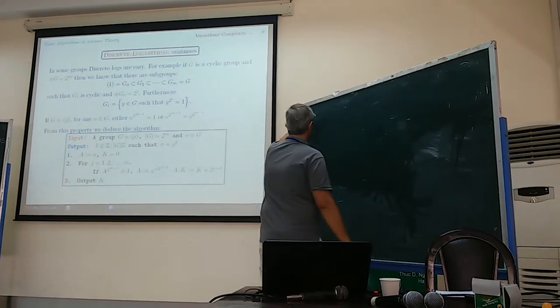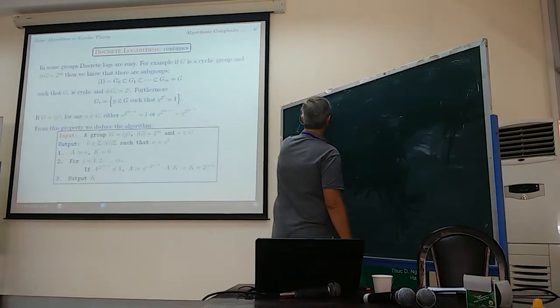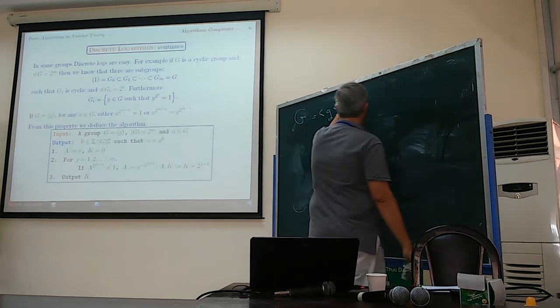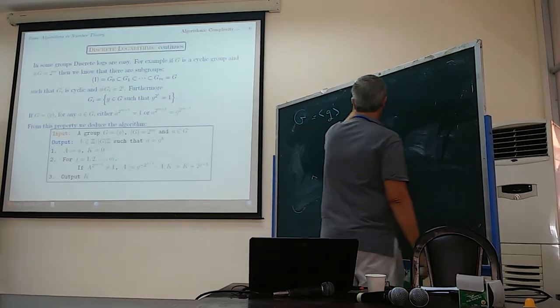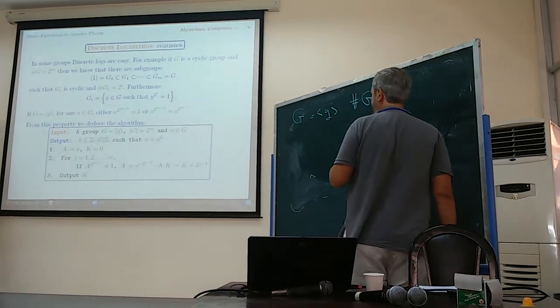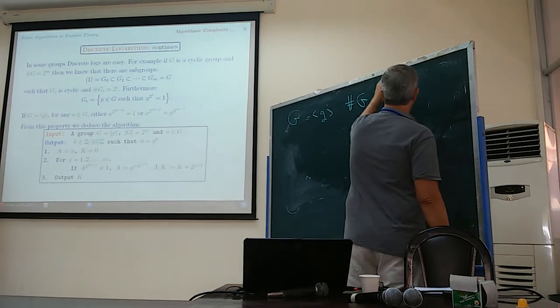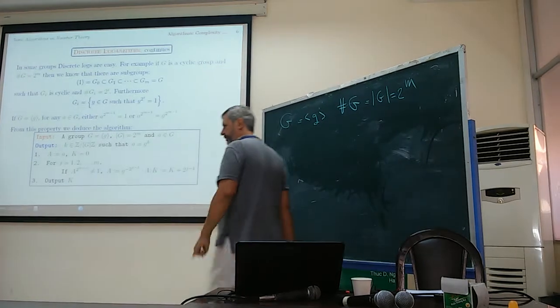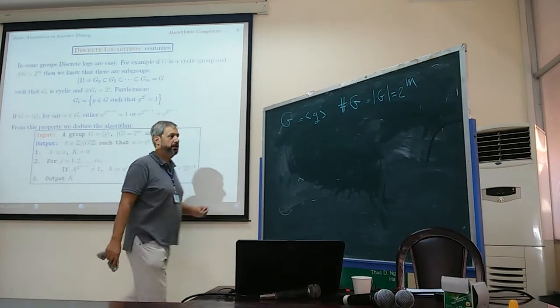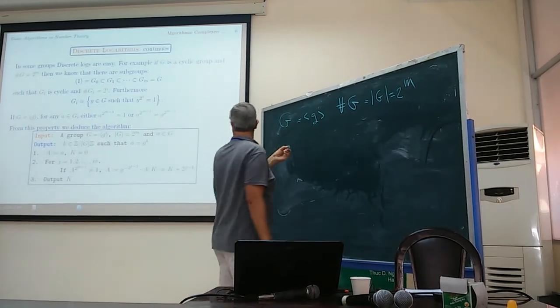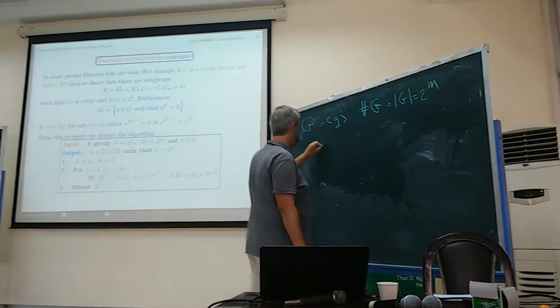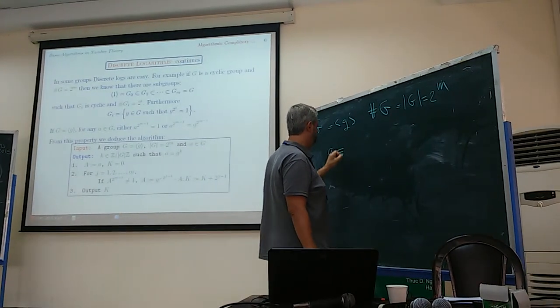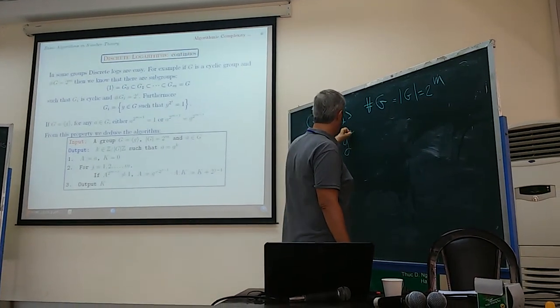So here's the situation. G is cyclic, and the order of this group, I like to write the order in many different ways, you bear with me, right? So this is a power of 2. This is the situation. And then I'm given, as usual, in the same notation, I want to solve a equals g to the k.